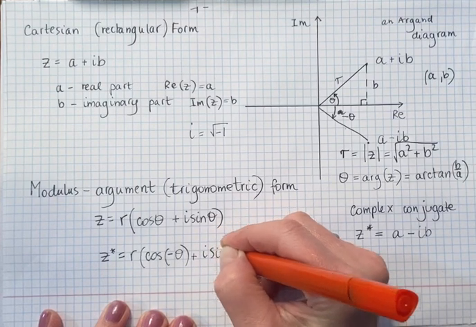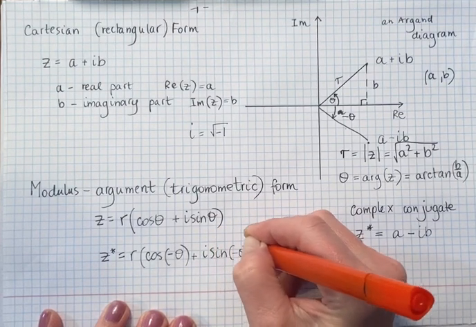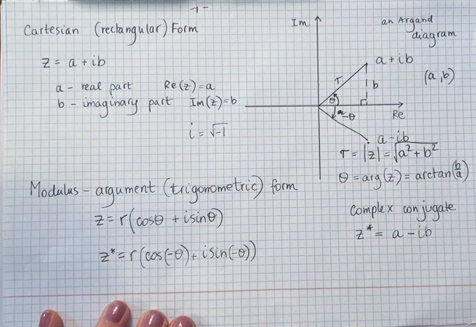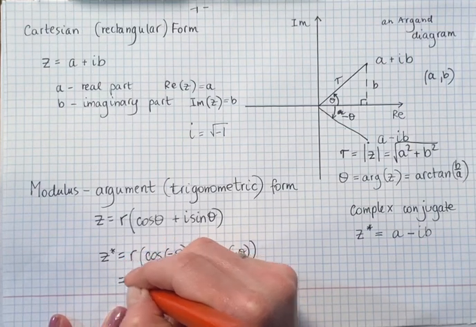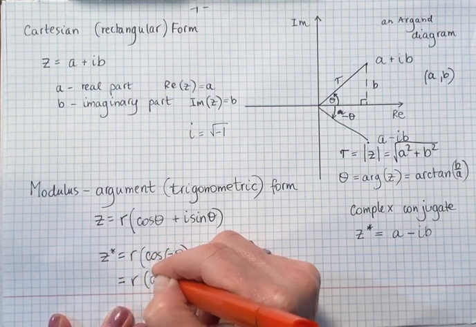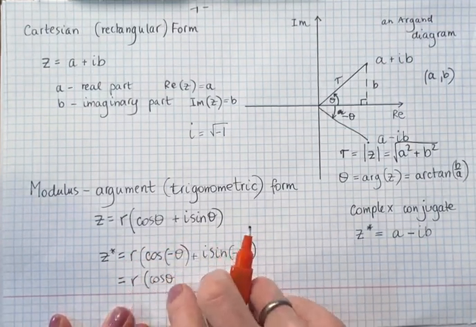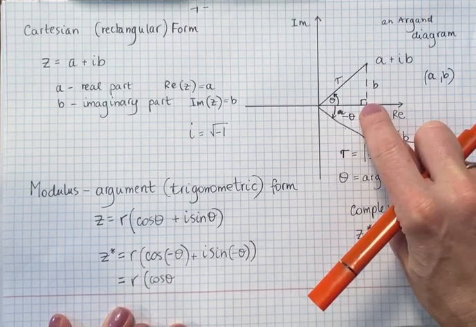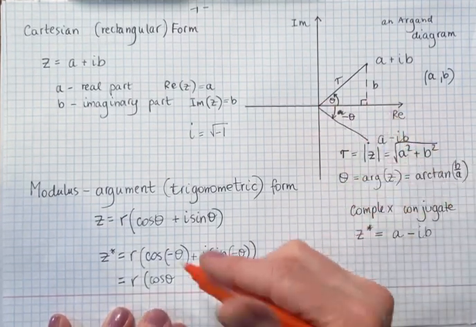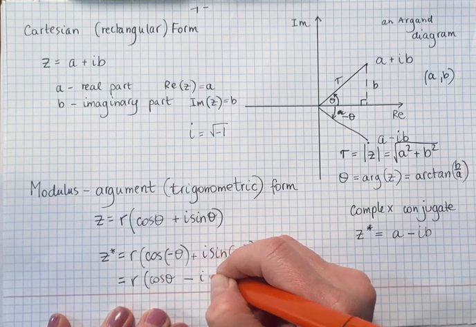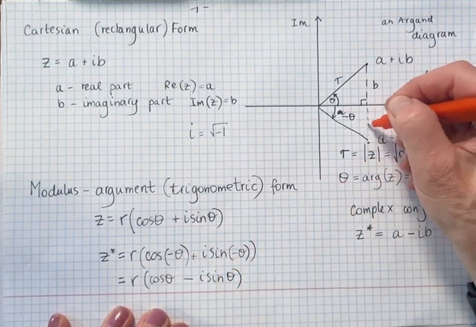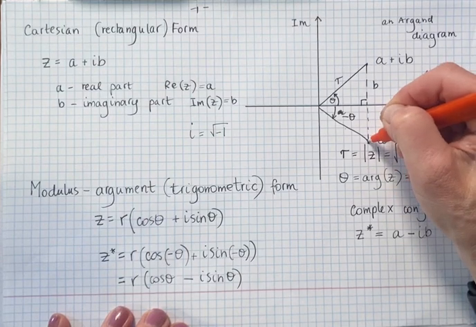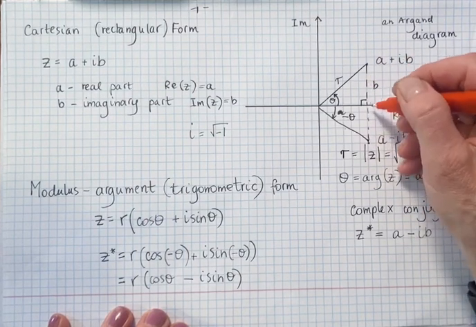But although it is in the same form, the better way of putting it, or very often we'll put it, is r cos theta, because that is the value of a, minus i sine theta, because however far down you go is going to be equal to however far you go up.